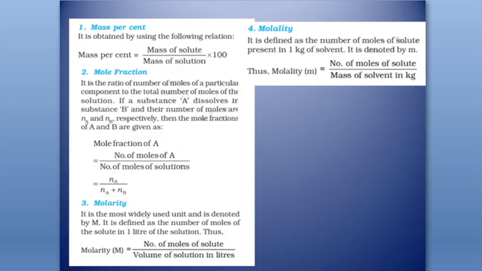This is molarity. So molality is number of moles of solute present in 1 kg of solvent, that is 1000 gram of solvent, and it is denoted by small m. So number of moles of solute divided by mass of solvent in kg.